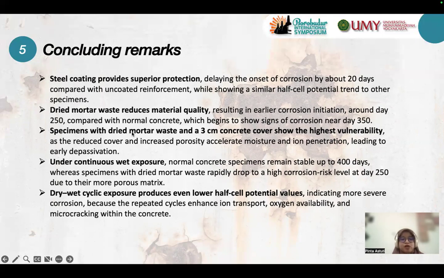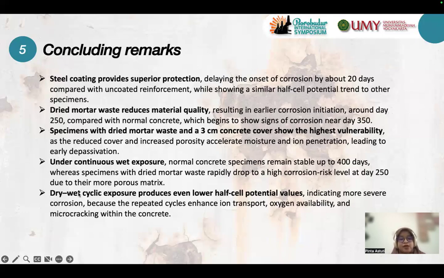Third, the specimen with dried mortar waste and a 3 centimeter concrete cover shows the highest vulnerability, as the reduced cover and increased porosity accelerate moisture and ion penetration, leading to early depassivation. Fourth, under continuous wet exposure, normal concrete specimens remain stable up to 400 days, whereas specimens with dried mortar waste rapidly drop to a high corrosion risk level at day 250 due to their more porous matrix.